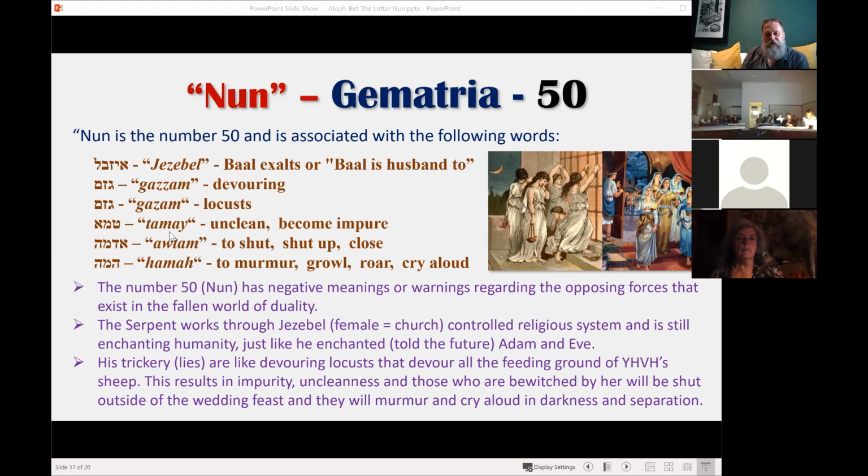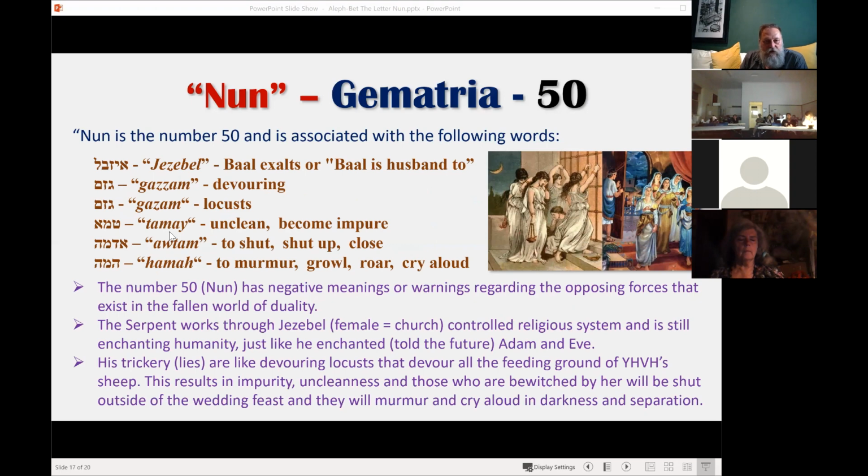So lies and trickery, and that's what the Nachash used to trick Eve. It's like a locust that came in, devoured the truth, spread lies, and then he tricked her with his Nachash, and they both fell into this slightly higher level, but under the control of the Nachash.